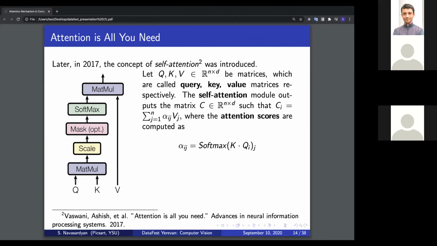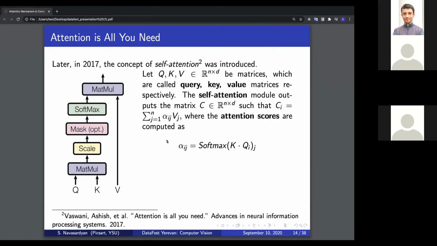For each row qi, which we call a query, from the Q matrix, we compute all similarities with the inputs from the key matrix, and these similarities will indicate our attention scores, which we apply to obtain the output ci. ci is just a weighted sum of elements in the value matrix.